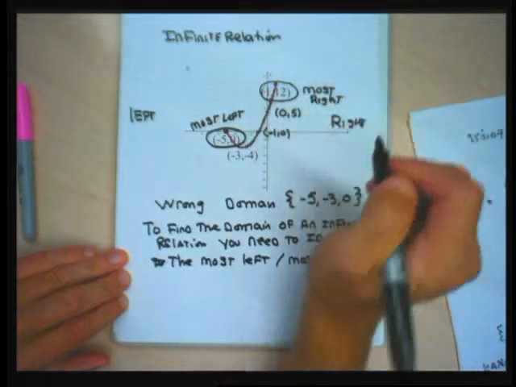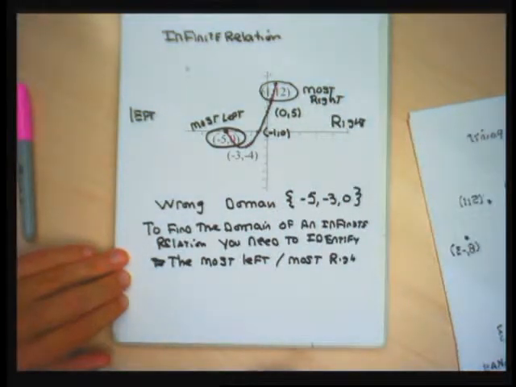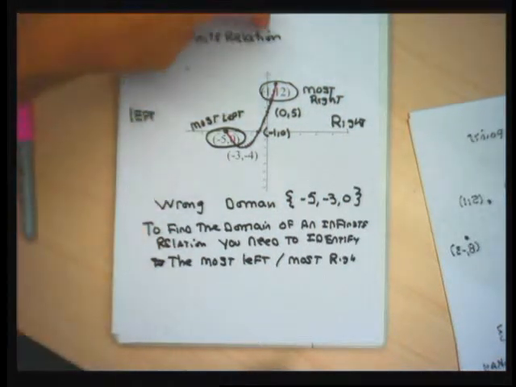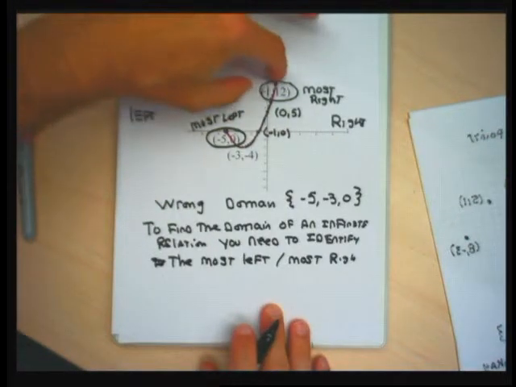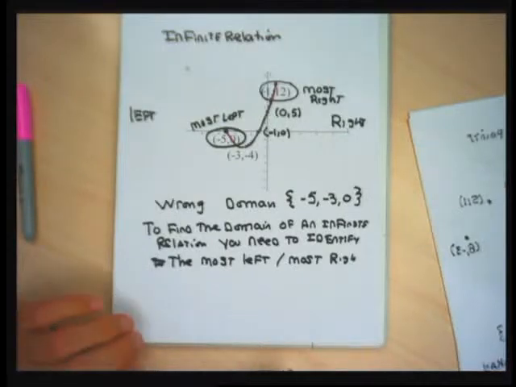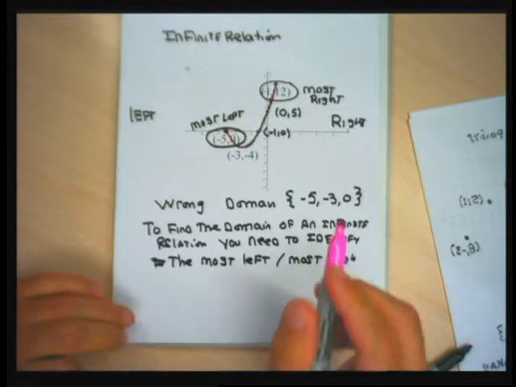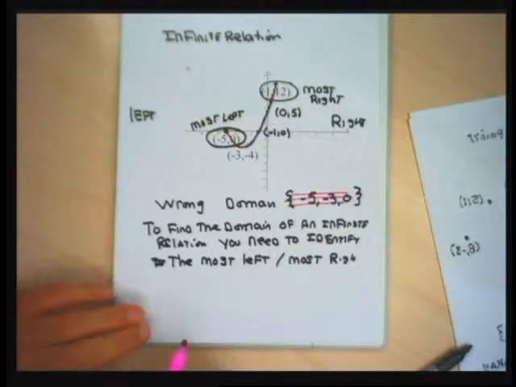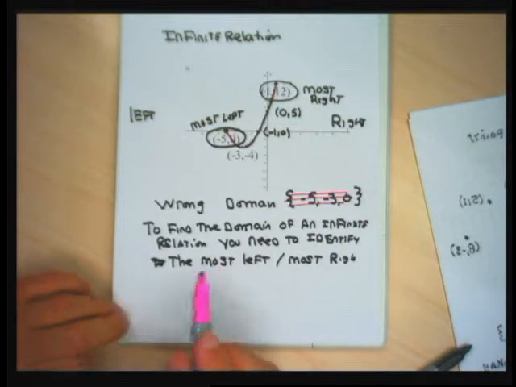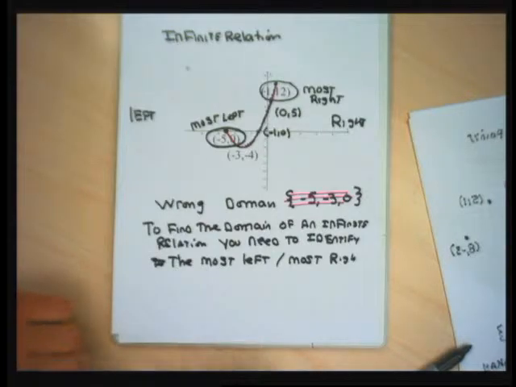There are definitely other points that make up this graph, but in terms of writing a domain of an infinite relation, if you can identify the most left point and the most right point, then you can write the domain in a nice format. So this is not the correct domain because there are more than 3 points on this graph. So I have to resort to writing intervals.